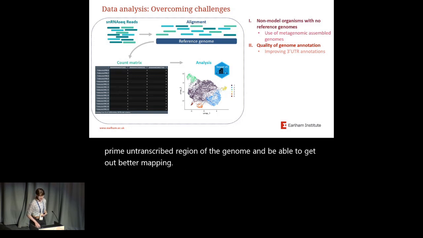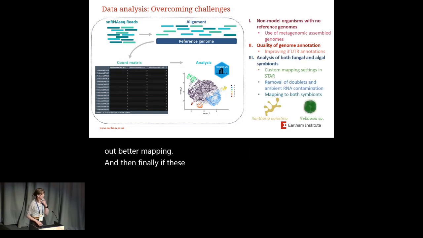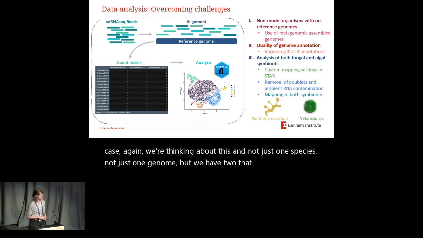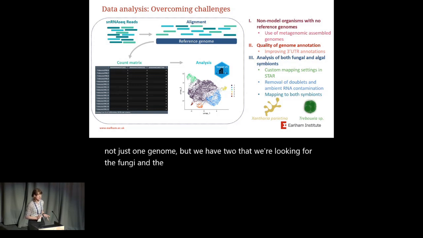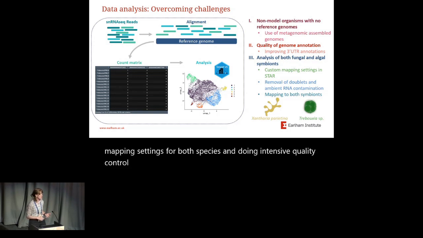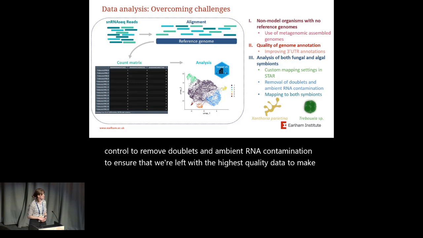And finally, if these challenges weren't big enough, in our case we're thinking about not just one species, not just one genome, but two: the fungi and the algae. This has included developing custom mapping settings for both species and doing intensive quality control to remove doublets and ambient RNA, to ensure that we're left with the highest quality data to make our biological conclusions from.